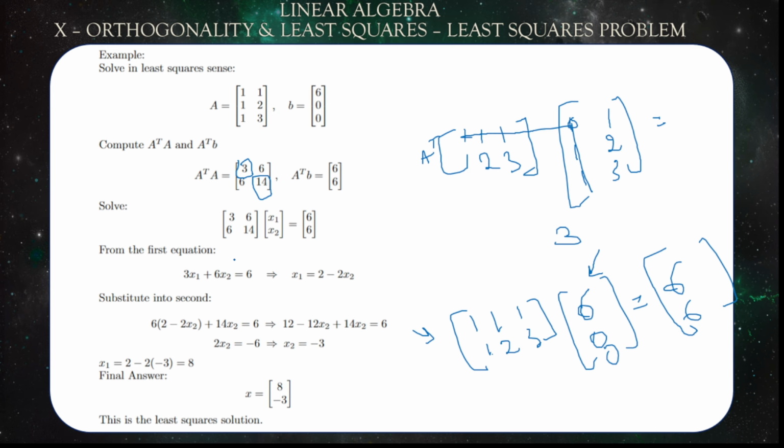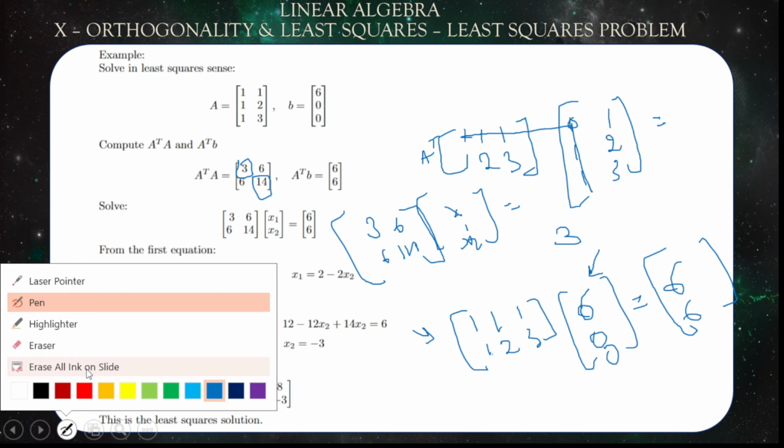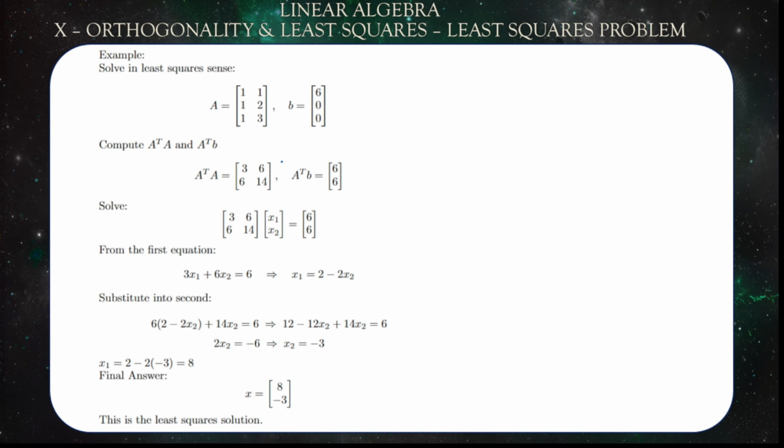If we place them next to each other, you get 3, 6, 6, 14, which is A^T A, multiplied by the unknown vector x1, x2, equal to 6, 6. Let me make it clearer. A^T A gave us this matrix and A^T B gave us 6, 6.